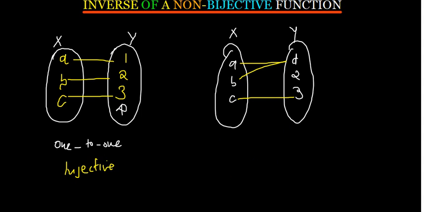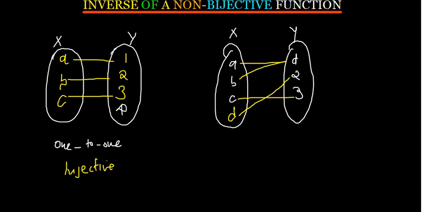Now, because we have an element here that is not paired, you can see we have a 2 in y that is not paired. So this function is not onto. Now let's say I put d here and d is paired to 2. You can see all the elements in y are paired.